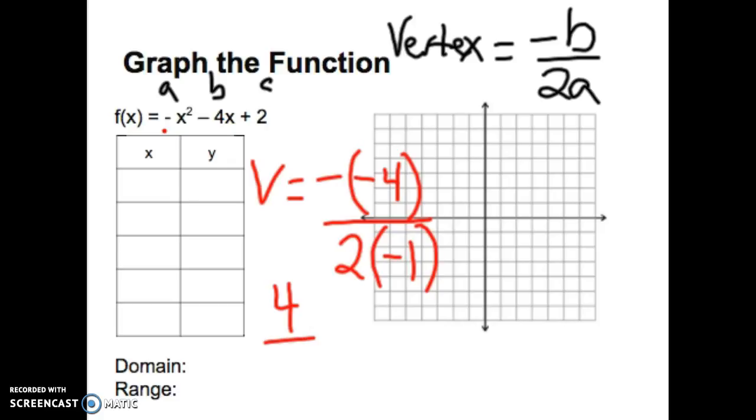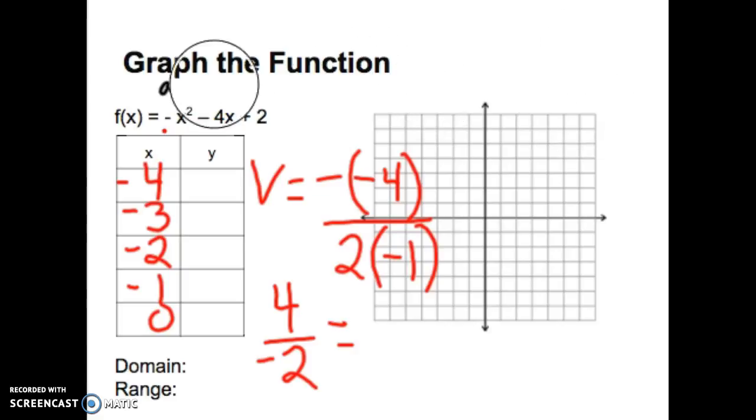On the bottom, we have 2 times negative 1, so it's negative 2. We reduce this fraction, and we get negative 2. And that's where we're going to center the xy chart. And from here, we can just simply pick values, usually going up by 1s in both directions, to fill in the rest of our x values.